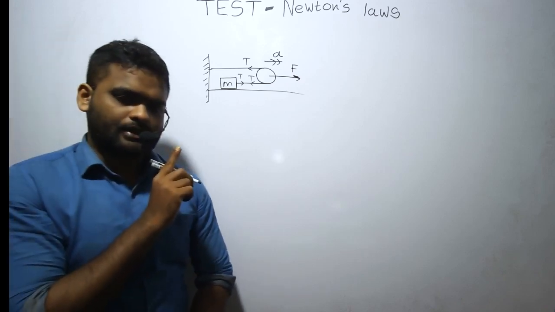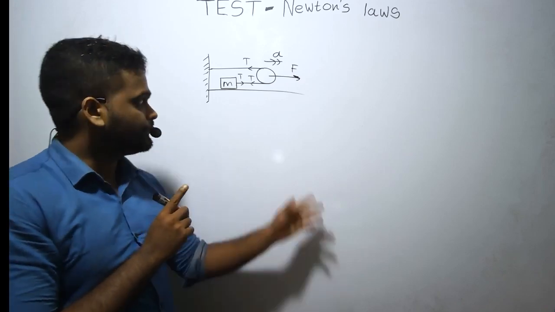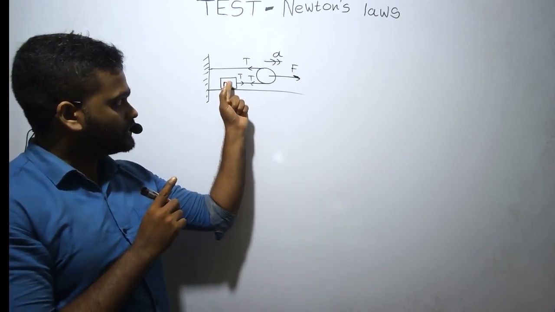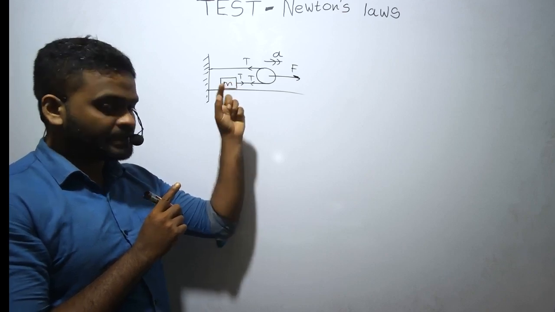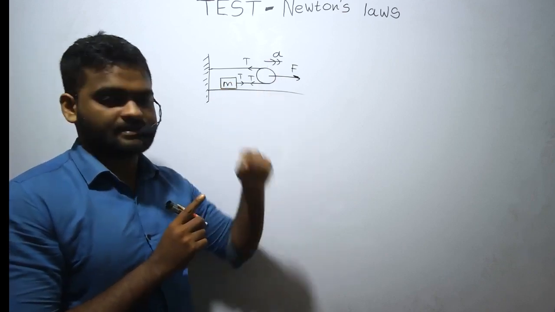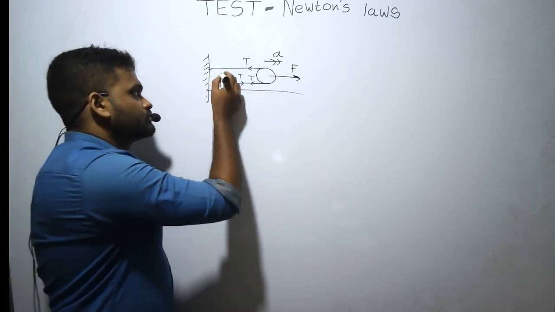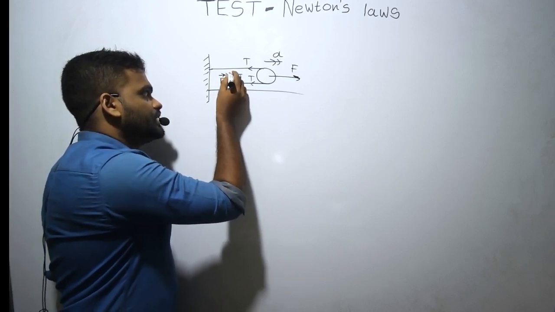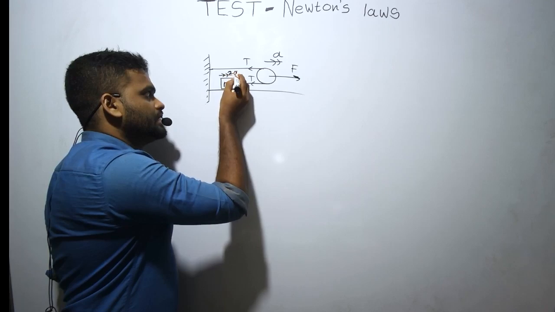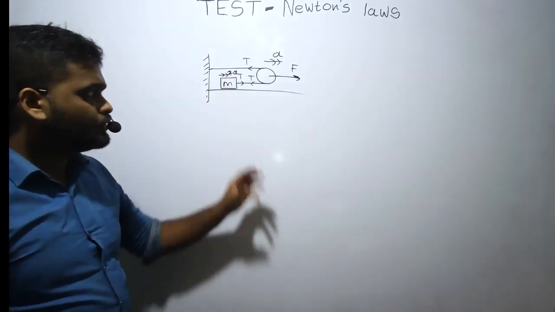In this question, what you have to understand is the acceleration of simple M is 2 times this acceleration. That's the only trick here. Trick means a tip here. It is 2A. Do you understand?